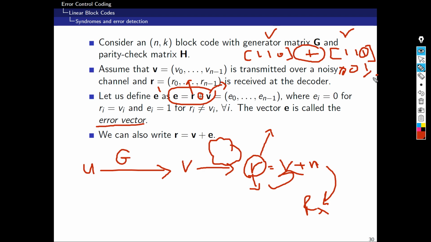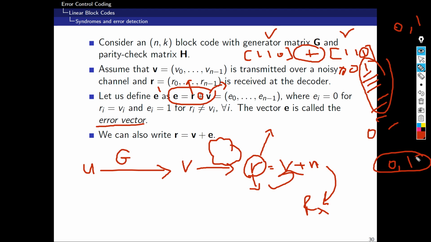Here you know that there is an error caused by the channel. If you only have 0 or 1 values, then you just flip this back to 0, and you get the correct code. This is how you detect and correct.